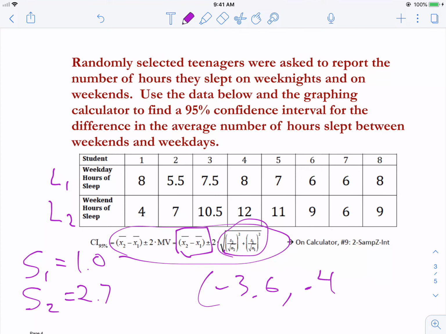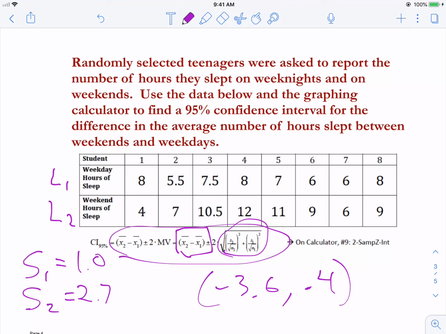So our conclusion here is that we do not have evidence of a significant difference between these two averages. It crosses zero, and a difference of zero means there's no difference.